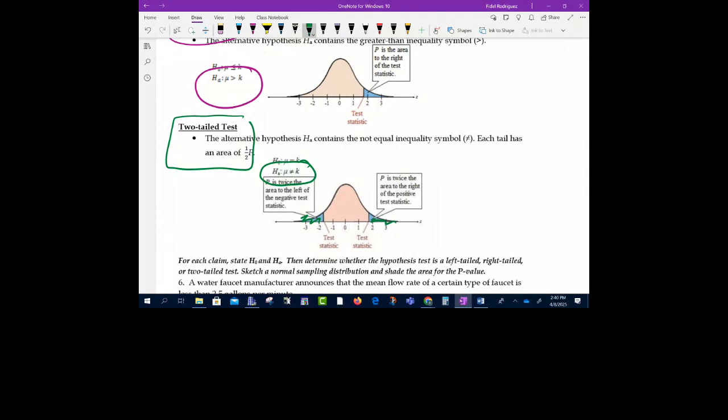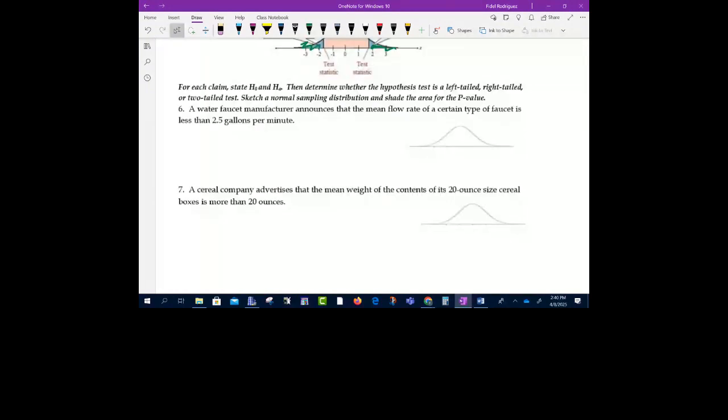All right, so for these next couple of questions, we're almost done with 7.1. It says, for each claim, state the HO and the HA, and then figure out whether we have a left-tailed, right-tailed, or two-tailed test. And then sketch a normal sampling distribution and shade the area for the p-value.